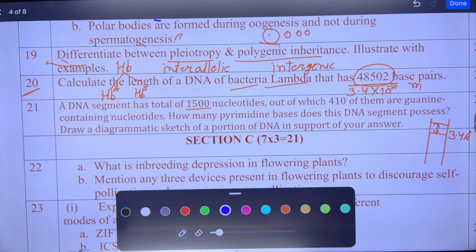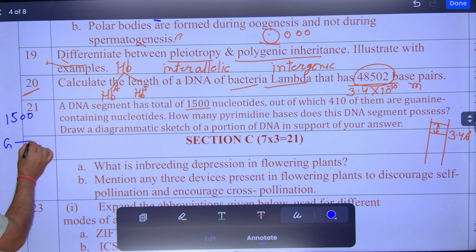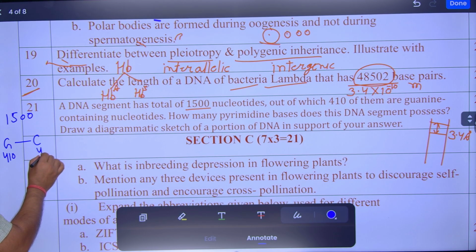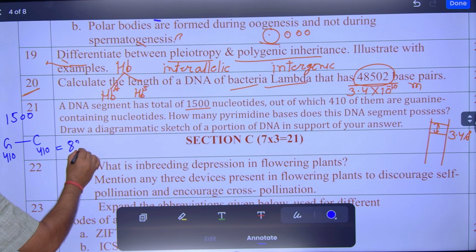There are total 1500 nucleotides, and if 410 contain guanine, then definitely the cytosine will also be 410, because the pairing always takes place between guanine and cytosine. So these two total 820.